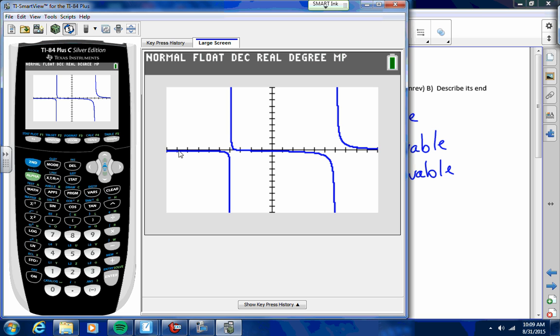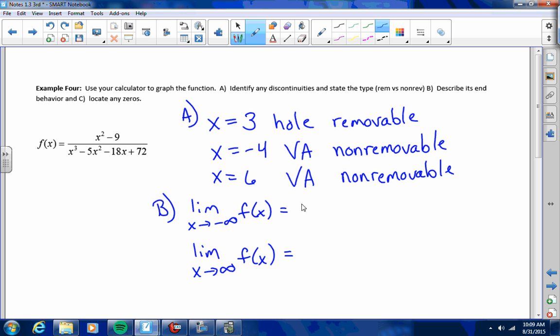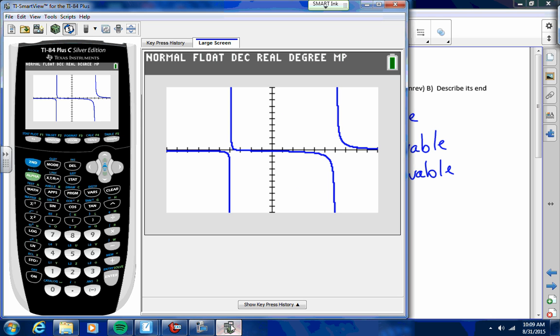Good. As x is getting smaller and smaller right in there, it's going to 0. And then let's go with Maria. What's the end behavior as x is approaching positive infinity? Right here, as x approaches positive infinity, let's look at that. Where's it going? It's going to 0. Good.